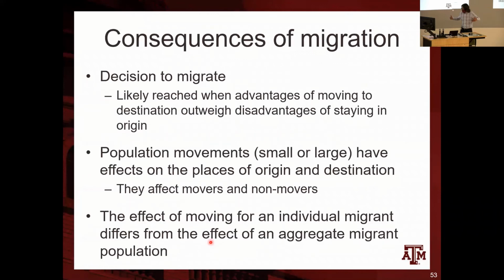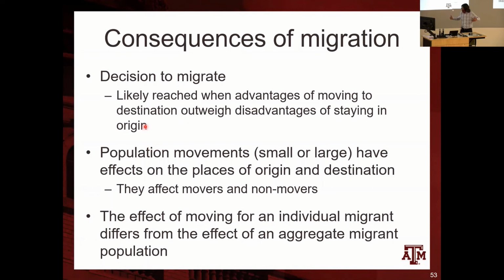And we are just looking at what are the factors that influence people to migrate. So the decision to migrate is likely reached when the advantages of moving to the destination outweigh the disadvantages, the risks that I will have to take if I stay in the area of origin.